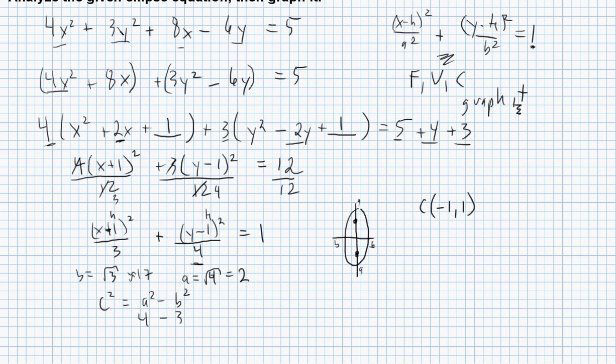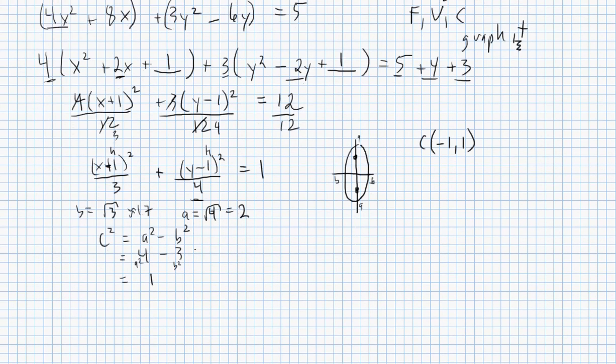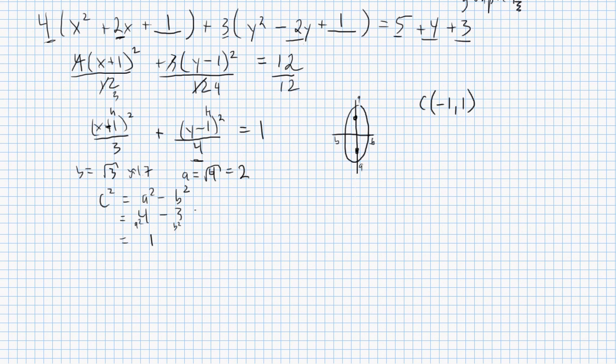Remember, we're going to use the A squared number and the B squared number, and that's equal to 1. Scrolling down a little bit, C squared is equal to 1, and so C is equal to the square root of 1, which is plus or minus 1.